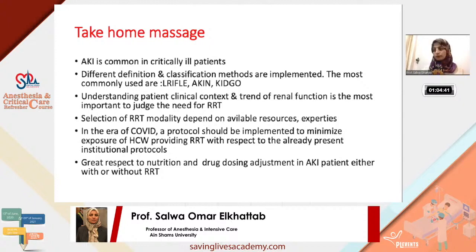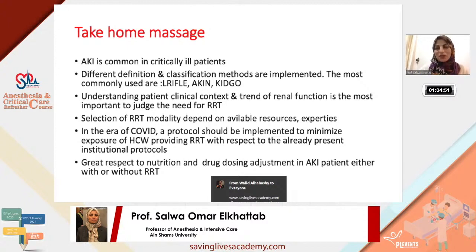For antibiotic adjustment, both in acute and chronic kidney disease? Actually, this is a very big issue, and it needs maybe 2 or 3 lectures. You have to think about your drug's pharmacokinetics.